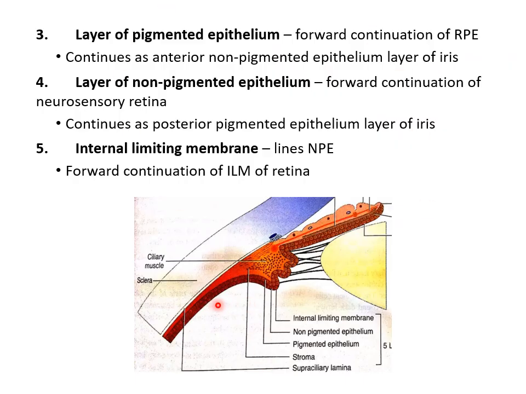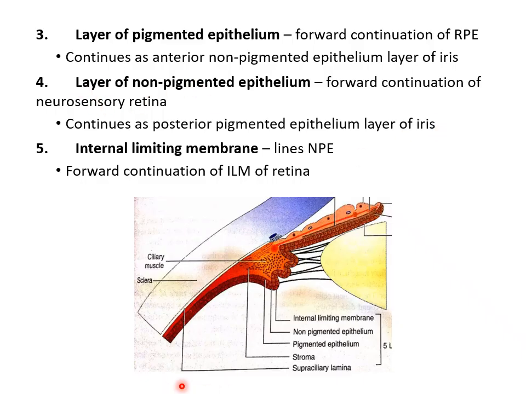Looking at the epithelium, there is a layer of pigmented epithelium, which is the forward continuation of the RPE, and it continues as the anterior non-pigmented epithelium of the iris. What about the neurosensory retina?